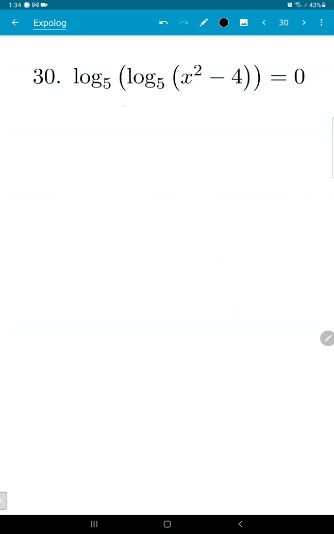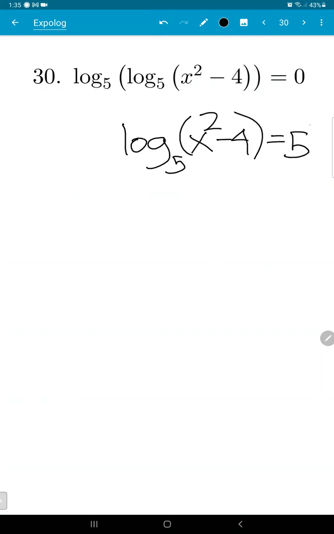So let's do it. 5 to the 0 equals the one inside. This is the one inside. It's 5 to the 0. Again, 5 to the 0 equals this, the whole thing inside there.